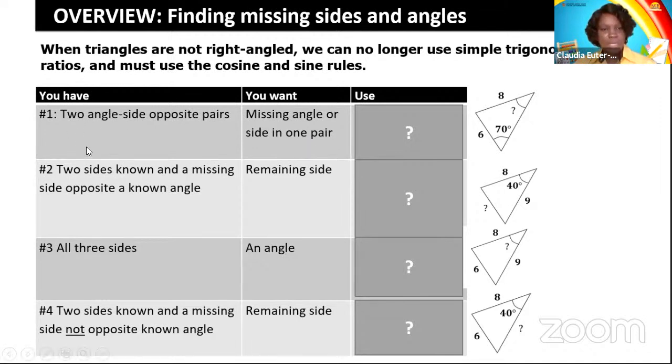The first one says you have two angles and sides opposite, a pair, and you want to find the missing angle or a side in one pair. The diagram is over here. What does it look like? Would I use a sine rule or a cosine rule? Put your answer in the chat.